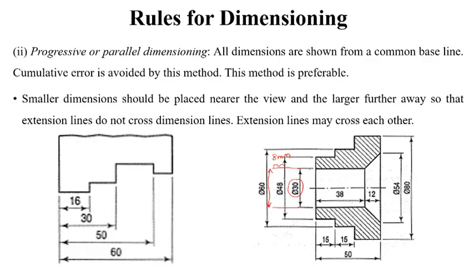With the dimension line you have the intersection point here. So this is not followed, this is avoided.